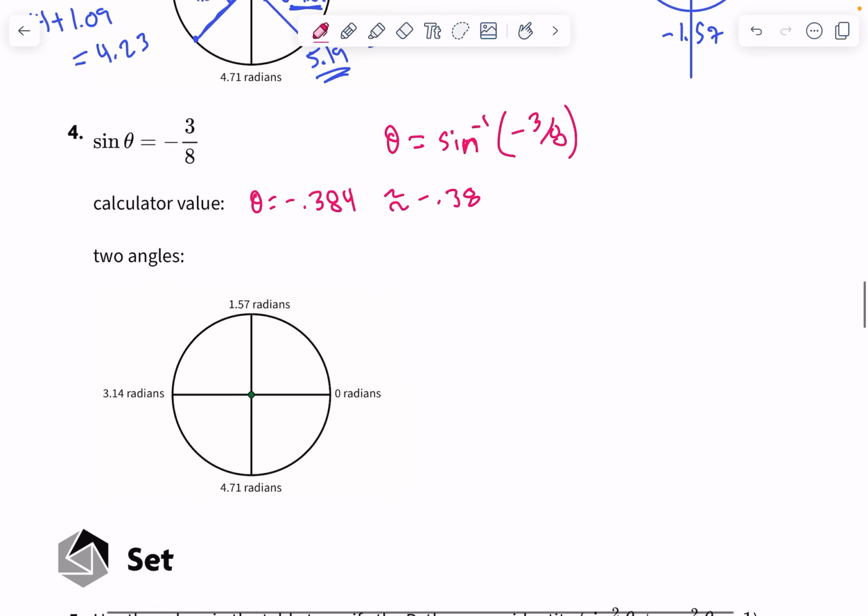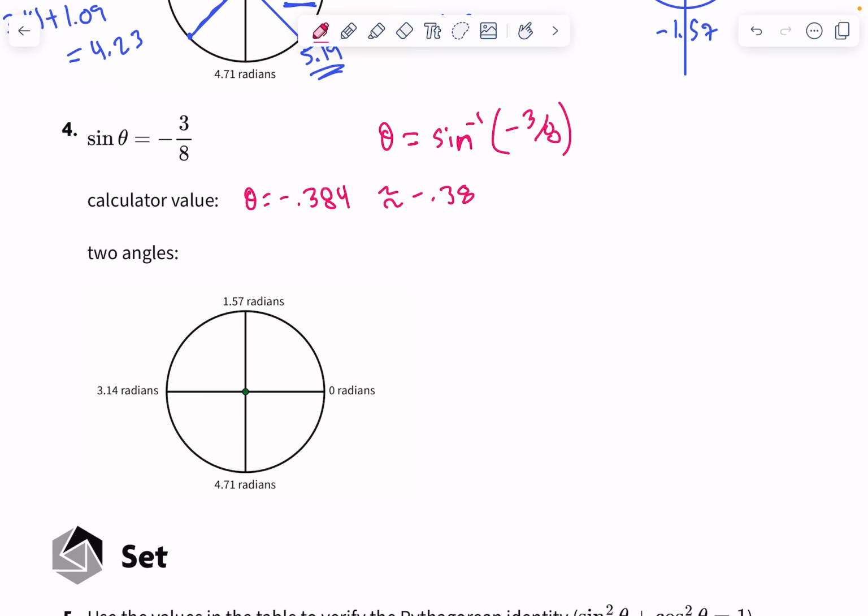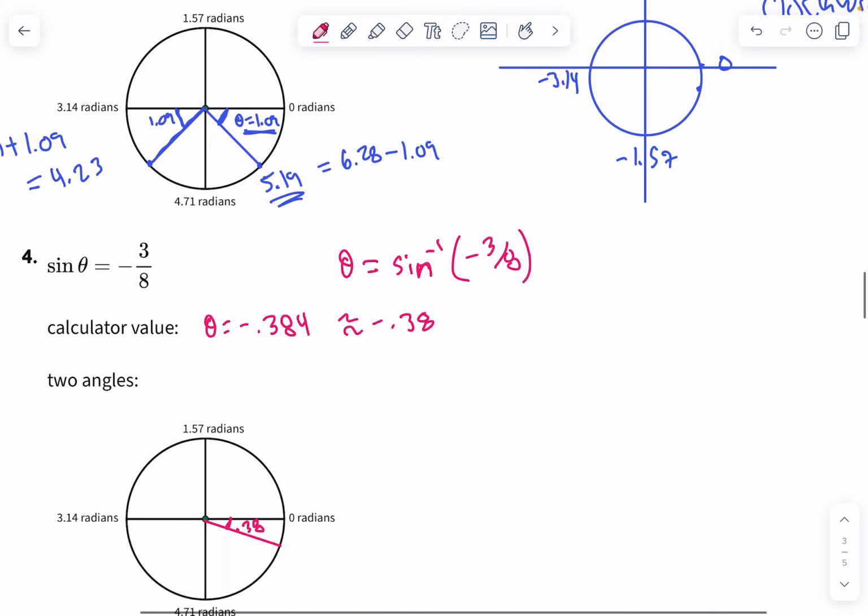So, okay, let's do this. Sine of theta is equal to negative 3/8. So then theta is somewhere here, right? And I know that this right here is 0.38, right? And that's kind of what it is, if I'm going clockwise.